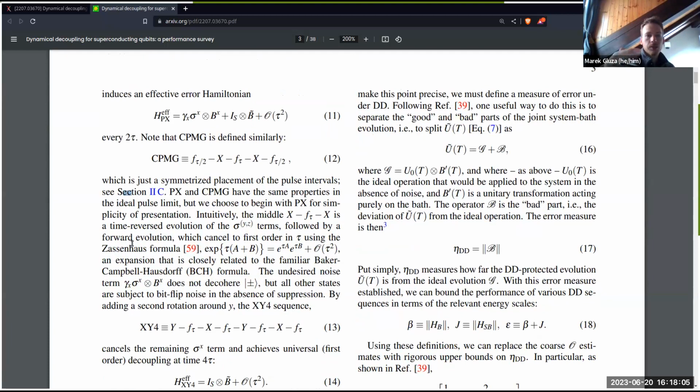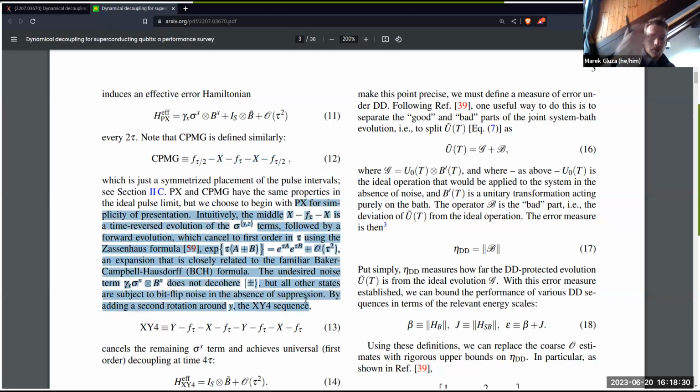Good. So this PX sequence does something, and intuitively it removes the XYZ. So if you would not be coupling by Z to your buff, then you can use Z. So if you don't couple by X, then you can use this X to remove everything else, and you already cleaned it up, and you're fine. Okay.